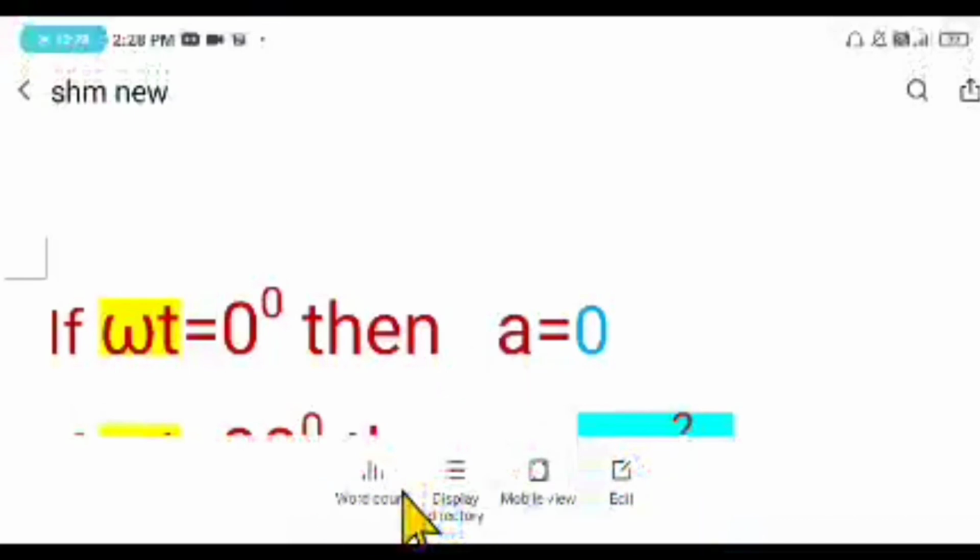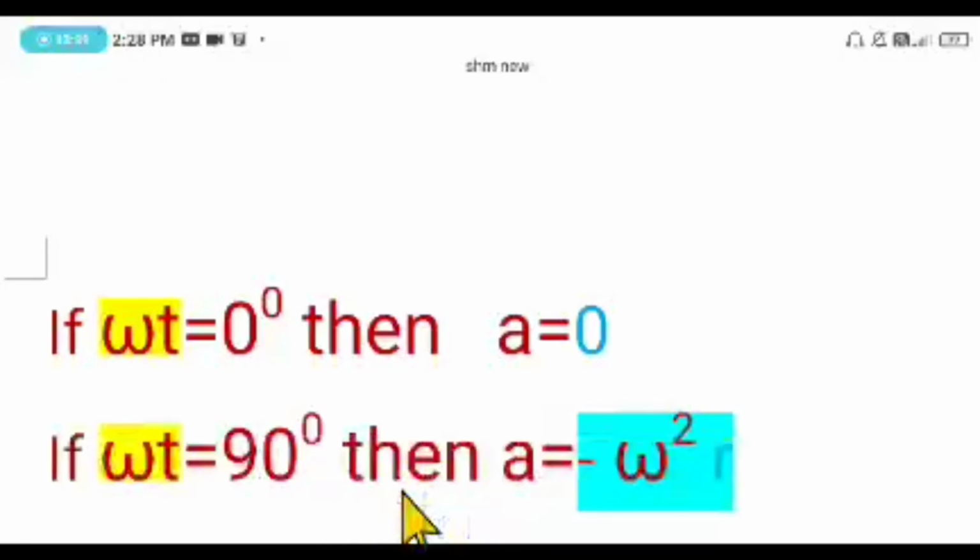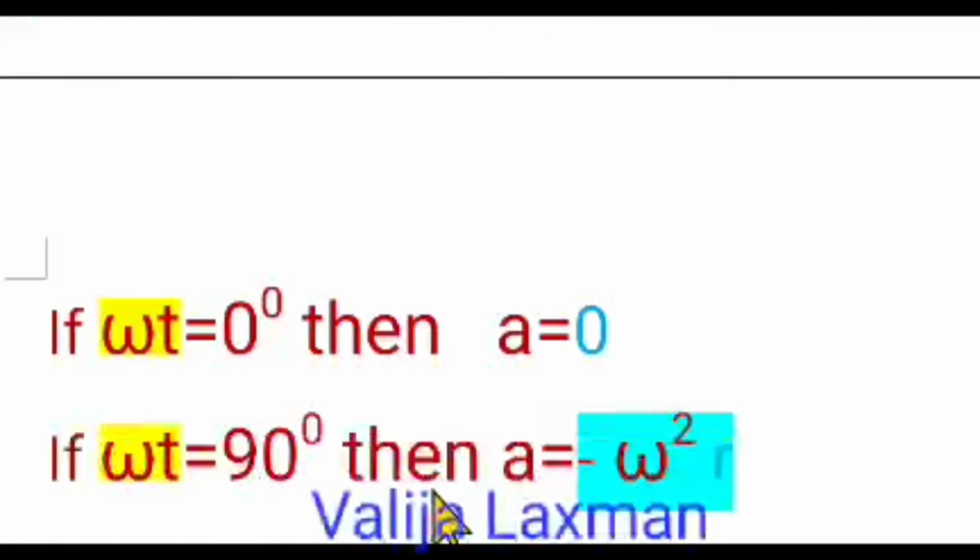At the mean position displacement becomes 0, and at the extreme points displacement becomes r. At the mean position velocity is r omega, and at the extreme points the velocity becomes 0. At the mean position the acceleration becomes 0, and at the extreme points the acceleration becomes minus omega square r.